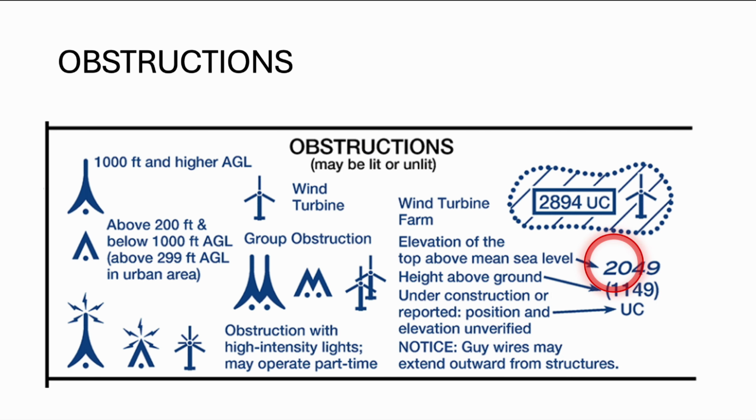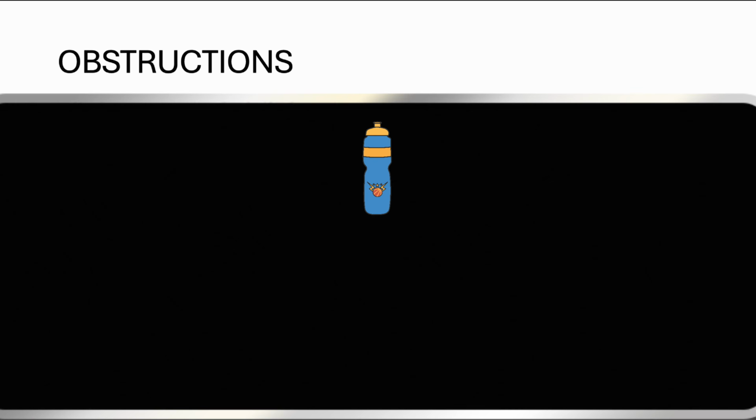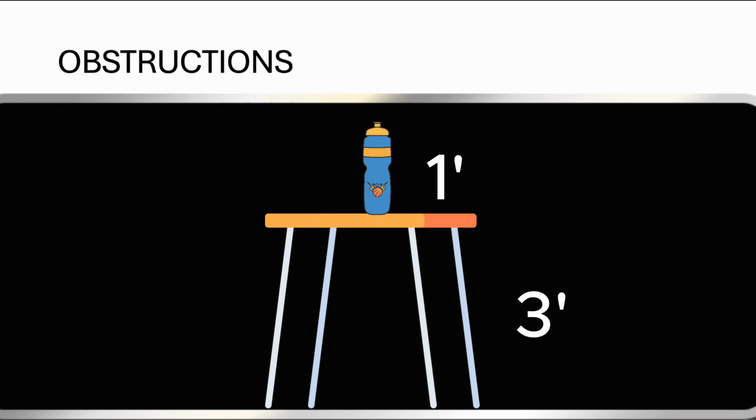The top number indicates the height of the obstruction above mean sea level, or the elevation above mean sea level, MSL. Below that is the height above ground. An easy way to think about it is if I take my water bottle right here, and we'll just say that this water bottle is 1 foot and this table is 3 feet high.